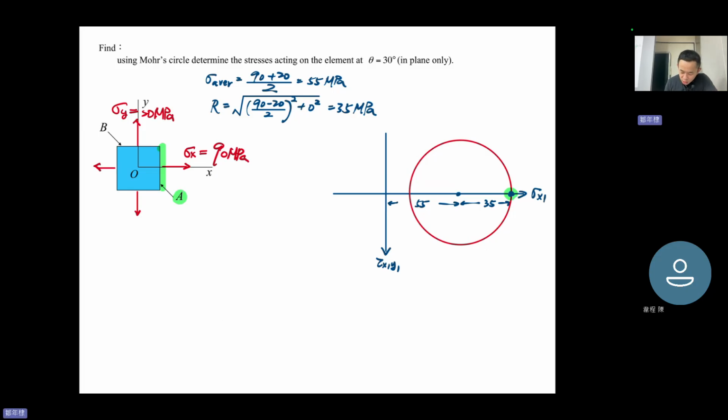Because tau x1 y1 is 0, and sigma is 90 MPa, 55 plus 35, 90 MPa here. All right, so we can know that theta 0 is put here.